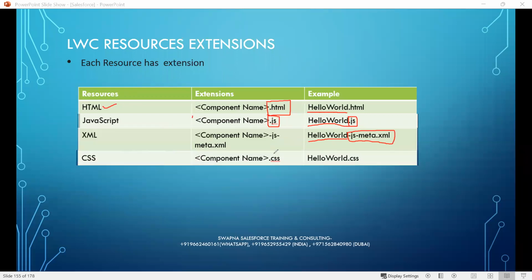The CSS extension is .css, component name .css. If my component name is helloWorld, it adds the extension .css. So these are the different extensions for each resource.